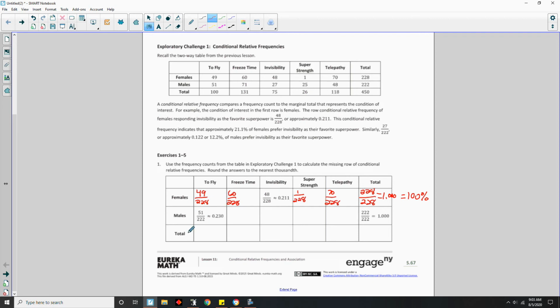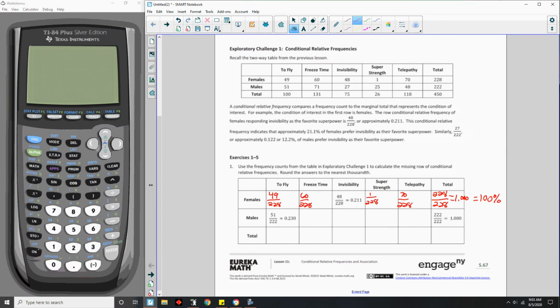Okay, so we're going to use a calculator to do these. So here it is. We're going to take 49 divided by 228, and that's going to be 0.215. We're going to round to 3 decimal places, so this is approximately 0.215. I'm using approximations here because we're rounding. And then 60 divided by 228 is 0.263.